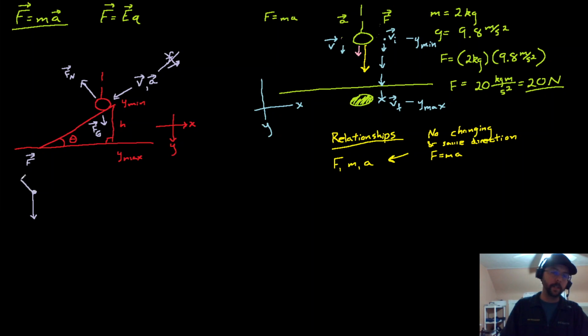So that's going to point roughly in this direction. It's going to be at a 90-degree angle to the surface of the plane. So this is the normal force, and this is the force of gravity.